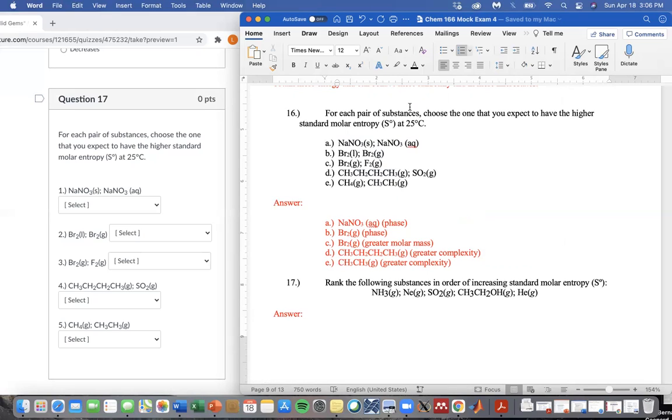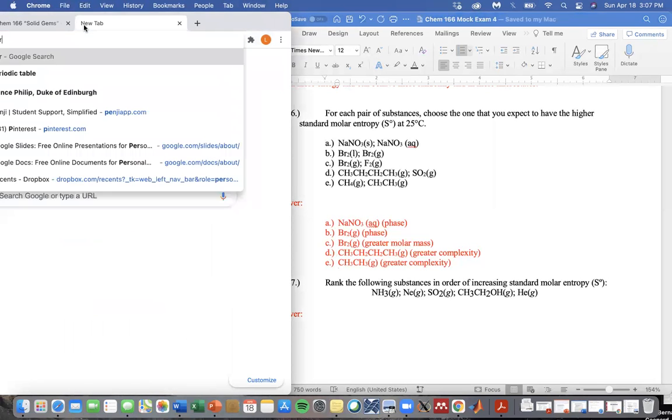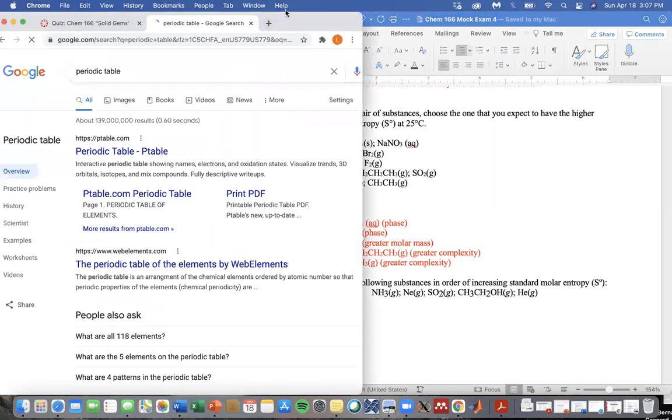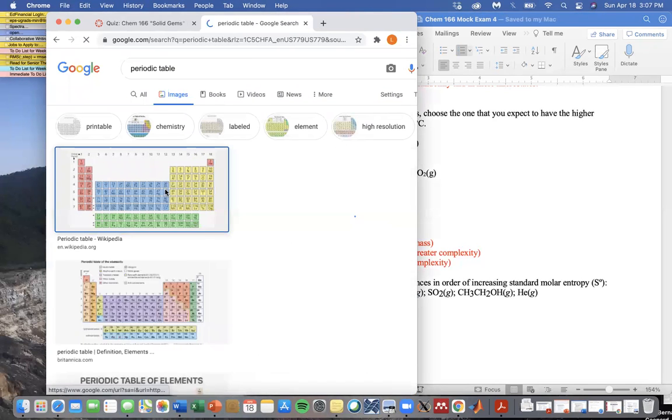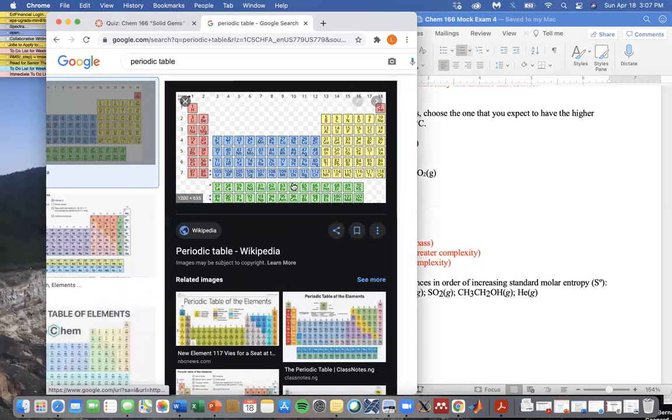So greater complexity, so I'm thinking that if you have, for example, some really heavy molecule, right? Let me pull up the periodic table. Like a longer chain, right? Like a longer carbon chain or something like that? Yeah, and so you would have a really heavy molecule, like, I don't know how heavy lead is, but even if you had PbCl2, for example.